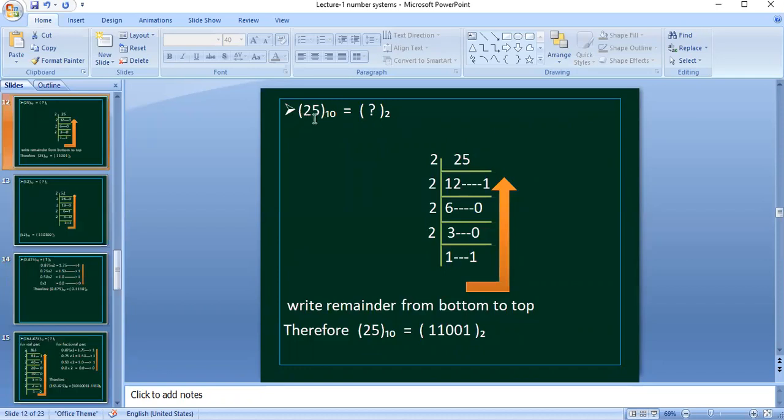For the given decimal number, we have only the integer part. To convert a decimal number into another number system, you have to divide that number by the destination radix.